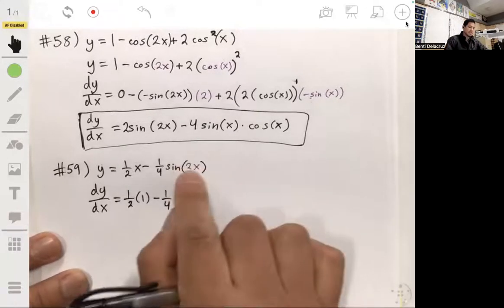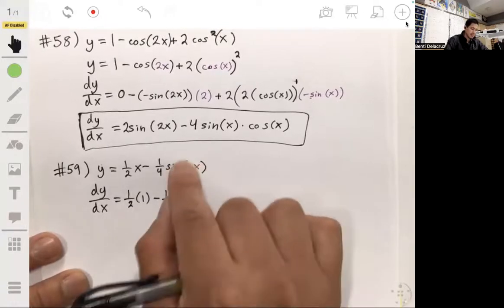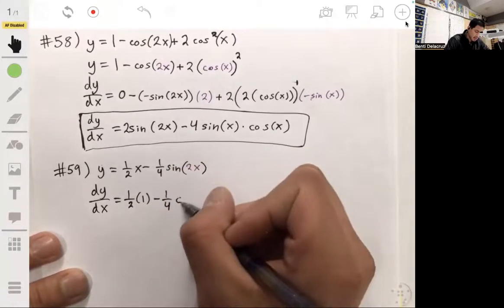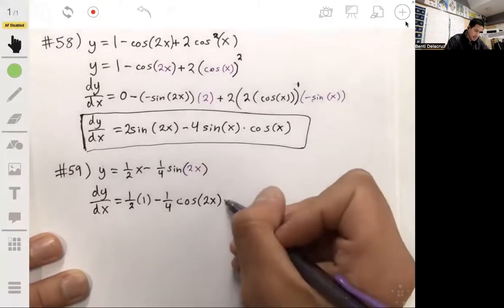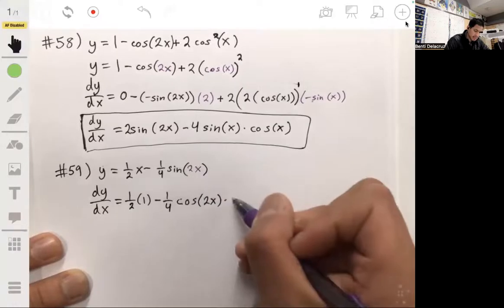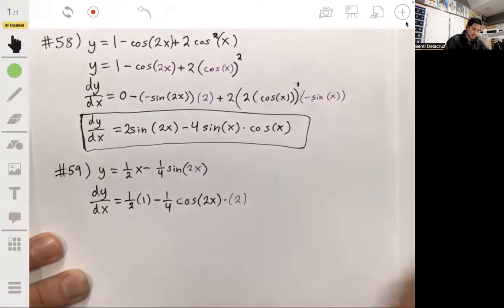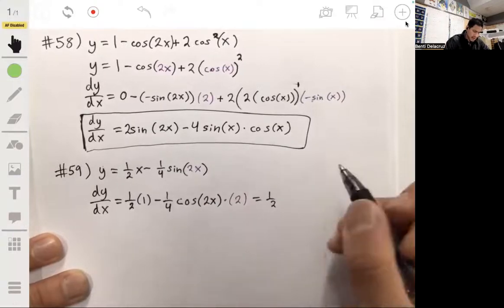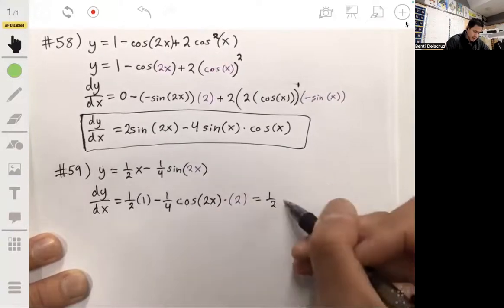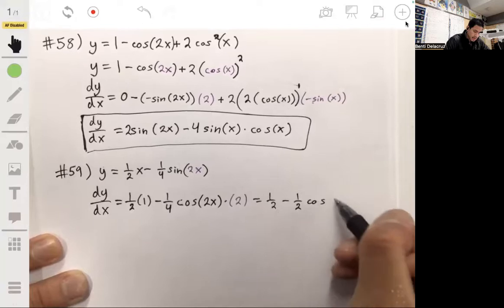The function on the outside is the sine function, so minus 1/4 times the derivative of the sine function, which will be the cosine function, and we keep the inside the same. We multiply this by the derivative of 2x, the inside function, which will be 2. And then we can just clean this up. It'll just be 1/2 minus 1/2 cosine of 2x.